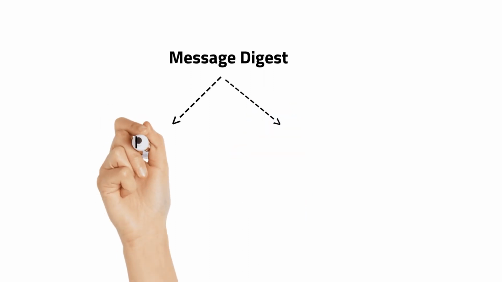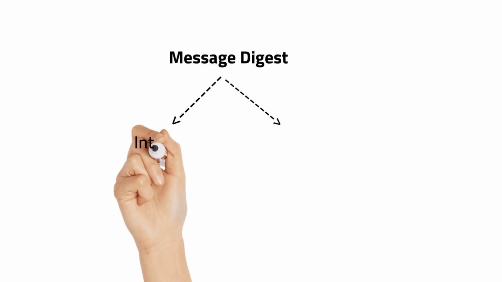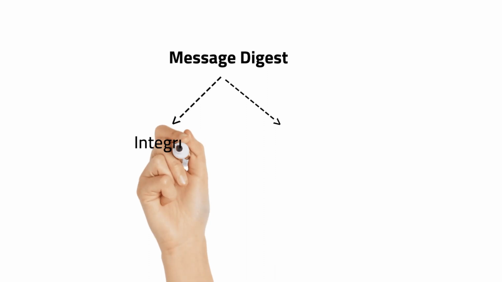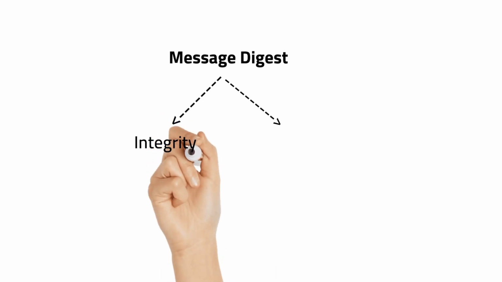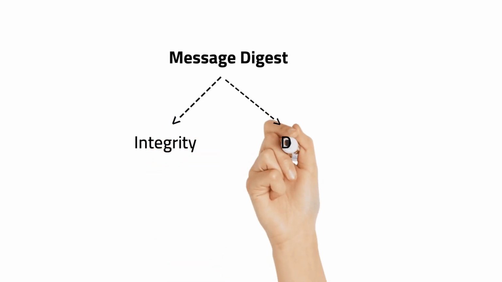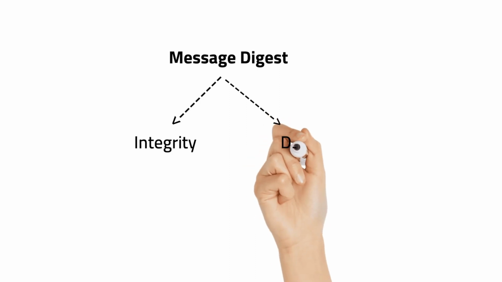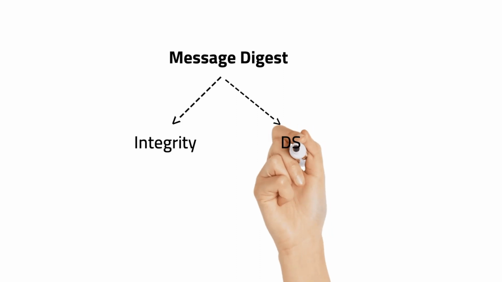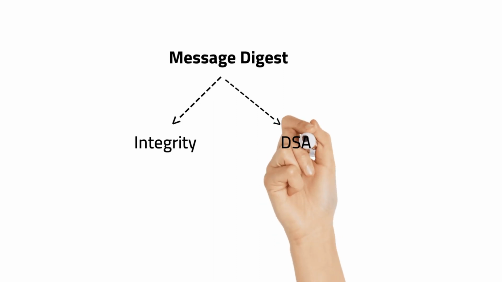If both match, then we can ensure that the integrity of the message is not affected in the transmission. Even a slight difference will generate a totally different digest value. With this, we can confirm if somebody intercepted the message in the transmission.